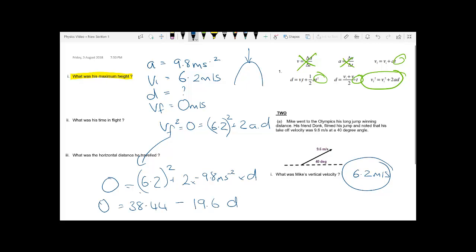If we square that, 6.2 squared becomes 38.44, and 2 times minus 9.8 equals minus 19.6 times d, so 38.44 equals 19.6 d, and therefore if we divide that by 19.6, that should give us the distance. So d equals 1.96, but to two significant figures, it's 2.0 meters.